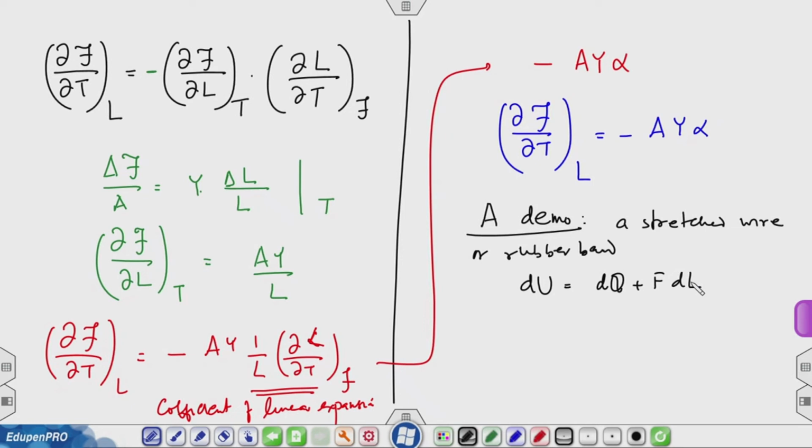Take a rubber band, pull it. So step 1: take a rubber band and stretch it, and just hold it for some time so that it equilibrates, the temperature all equilibrates.